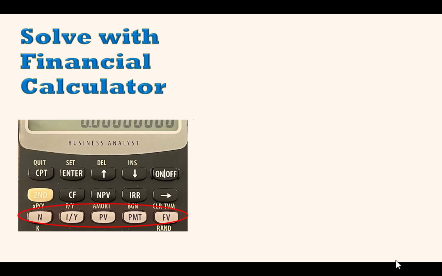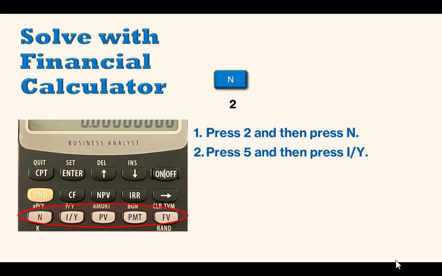Okay, so here goes. The first thing we need to put in is our time information. The problem summary tells us that that is equal to 2. So in the financial calculator, you press 2 and then you press N. Then we're going to put in our rate information.